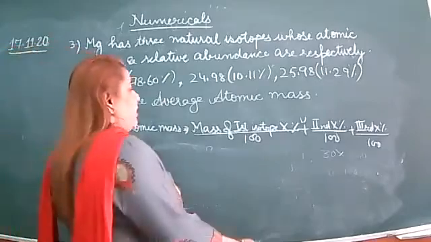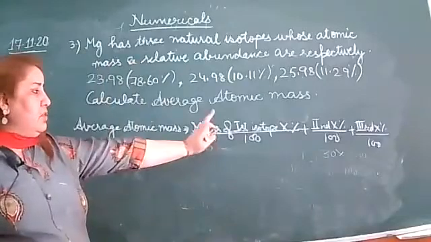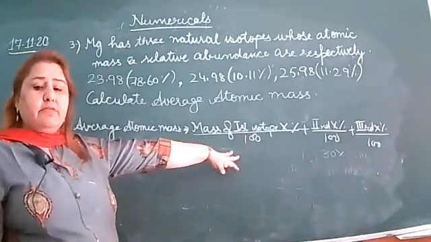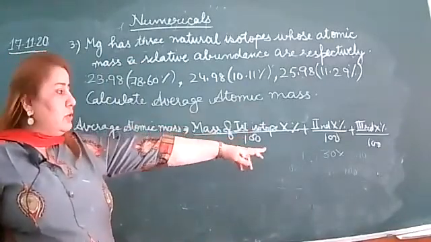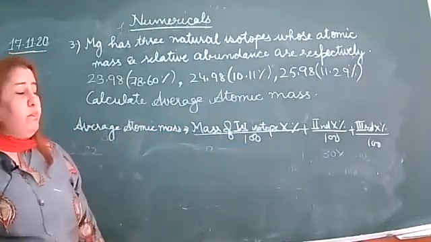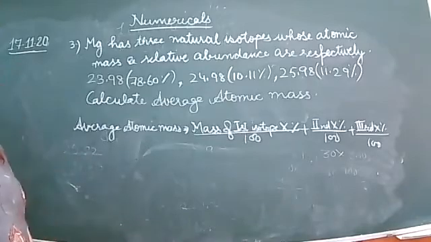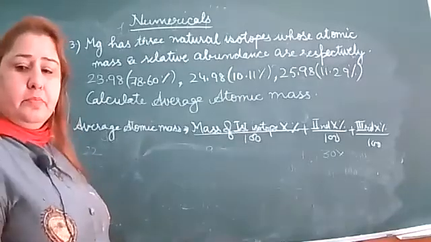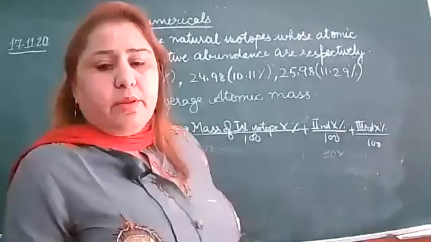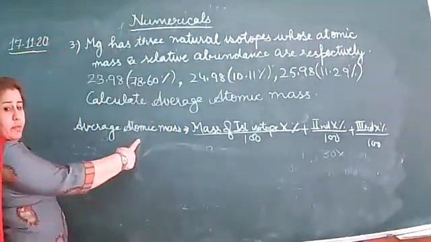Now do this. Calculate average atomic mass. The formula I had written: average atomic mass is the mass of first isotope multiplied by percentage divided by 100, second isotope multiplied by percentage, third isotope multiplied by percentage. Right? Solve this numerical. So let's solve it.